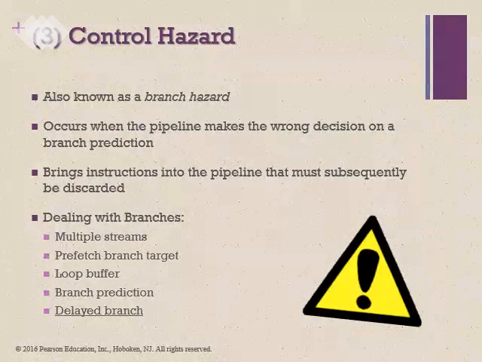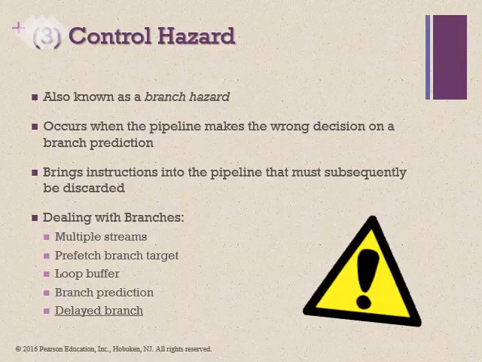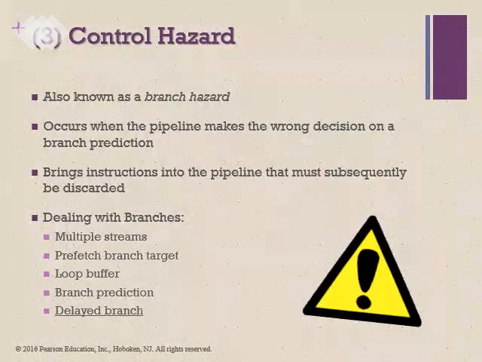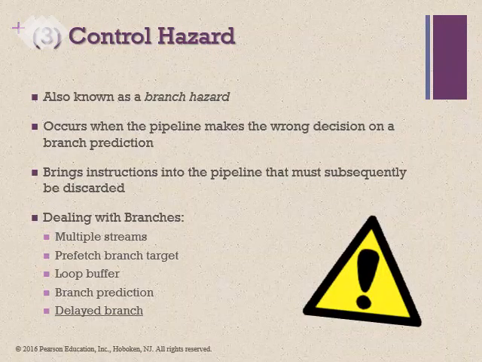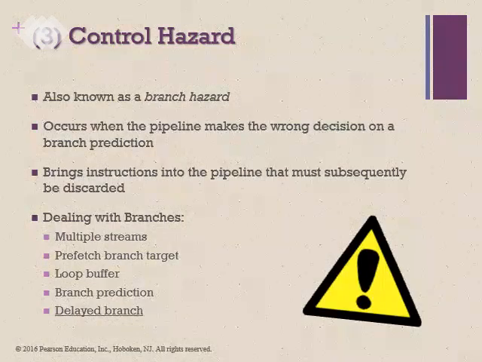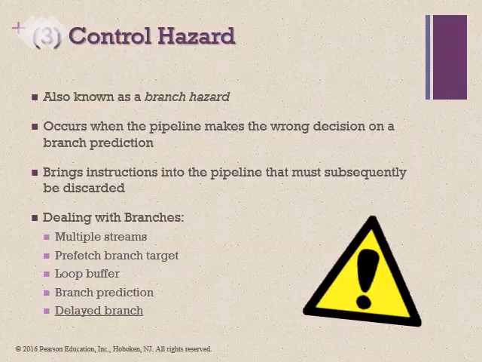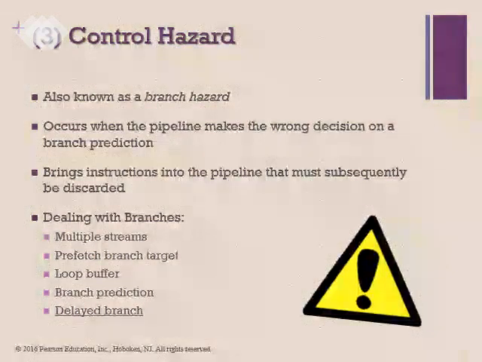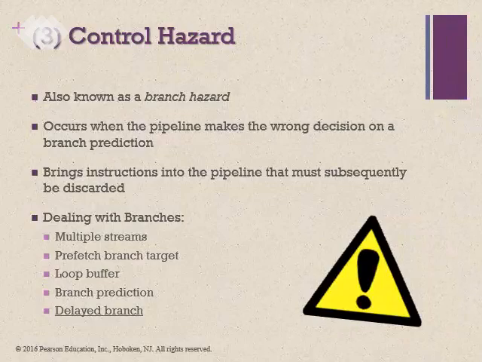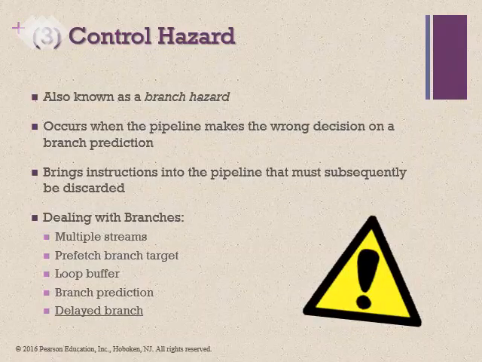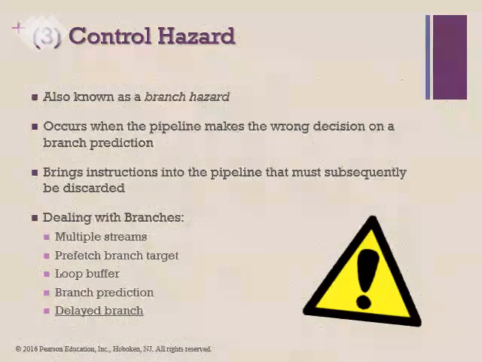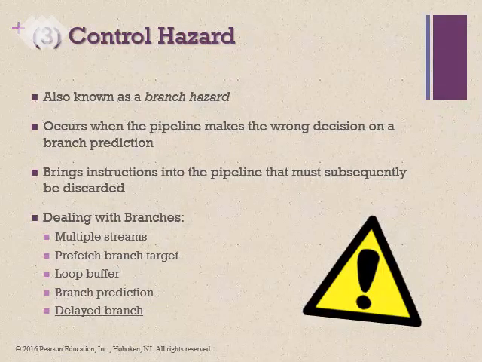I will explain in detail after this slide how pipeline is actually wasting a few instructions because of branching. There are a few approaches to dealing with control hazard, but we are going to focus on delayed branch.